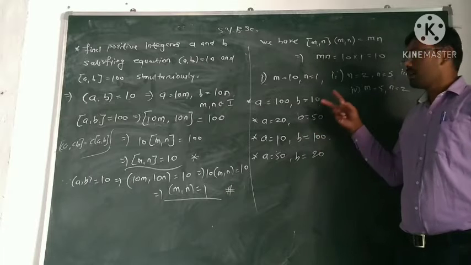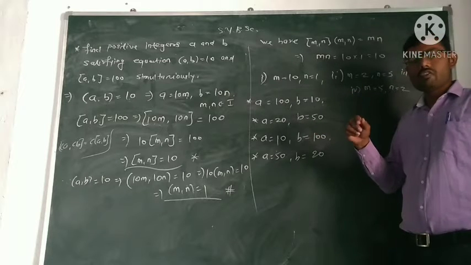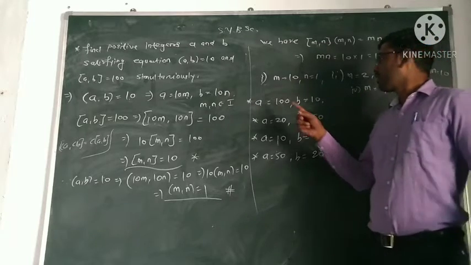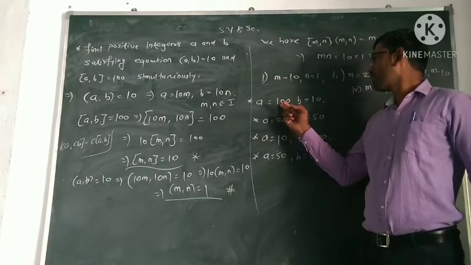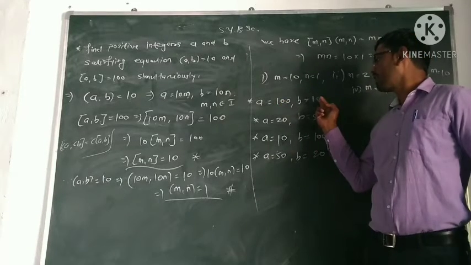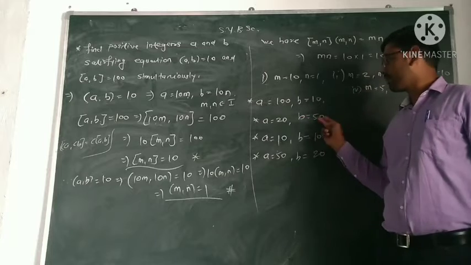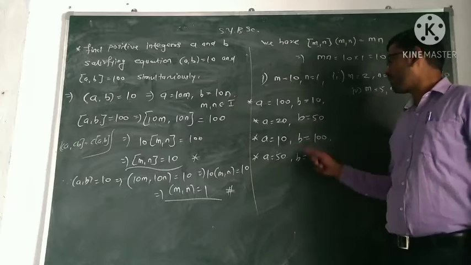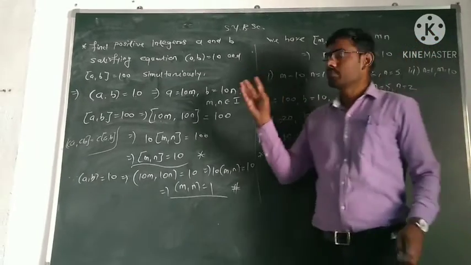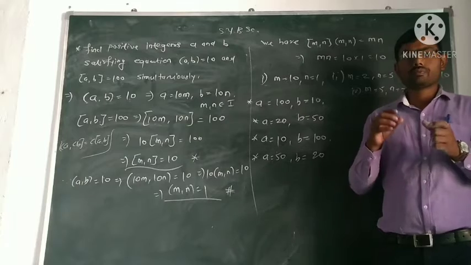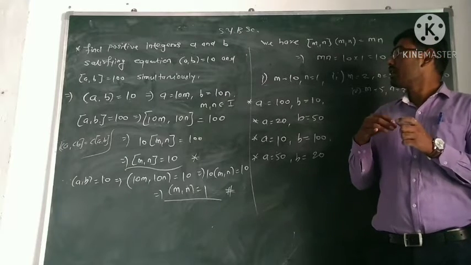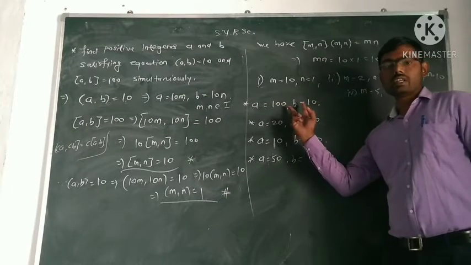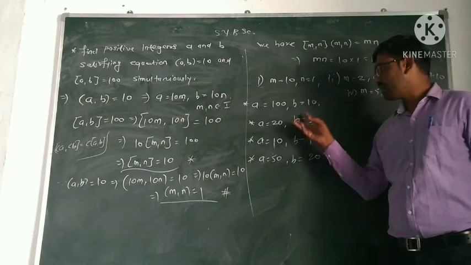Actually, if we restrict ourselves, there are only two pairs. If one value is 100, the other value is 10. If one value is 20, the other value is 50. The rest are repetitions. If the question allows us to interchange A and B, then it is okay.